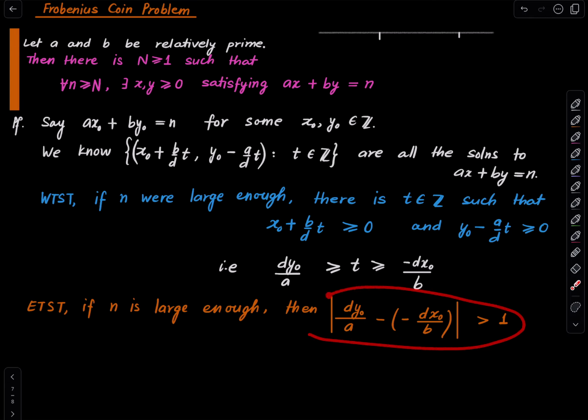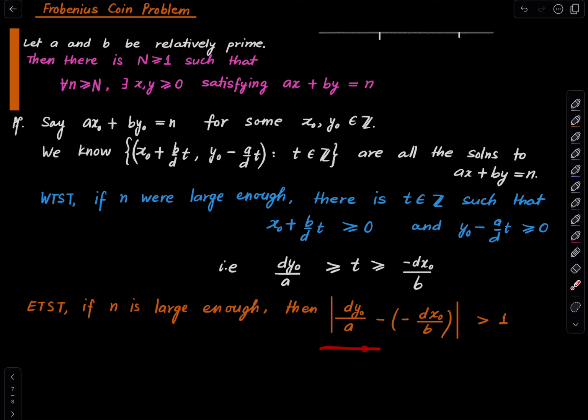This is where we are sort of weakening the thing. We are not able to find the smallest such n. We are just happy with one n which makes this true. For there to be an integer t between these two numbers, it is not necessary that these two numbers are distance 1 apart or more. It is just sufficient. And that is what we are exploiting. So it is enough to show that if n were large enough, this holds.